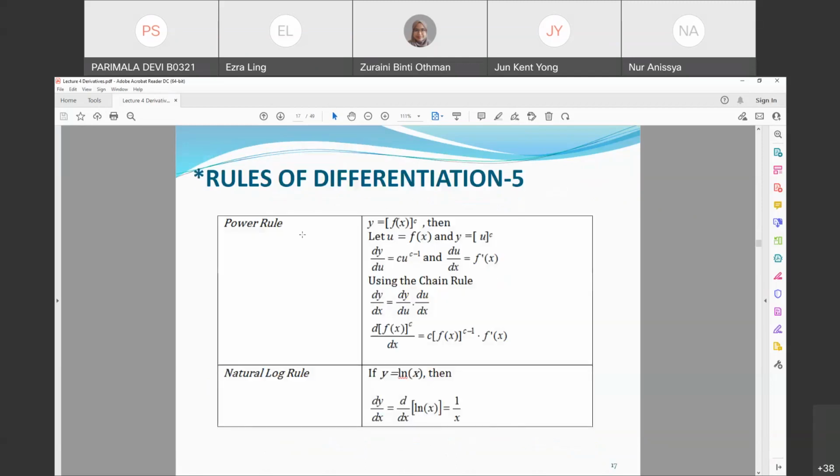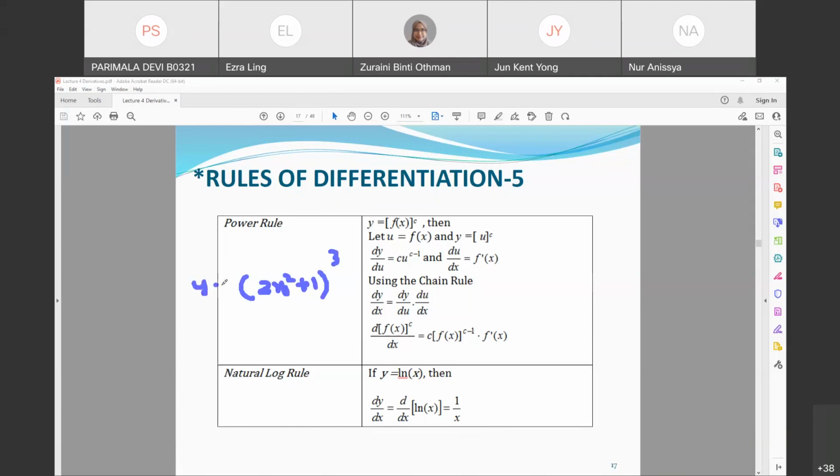Then we have this. This is the power rule. Yang ni ialah power rule. Kenapa? Sebab kita ada CFX. Contohnya macam ni, kita ada 2X kuasa 2 campur 1, kuasa 3.